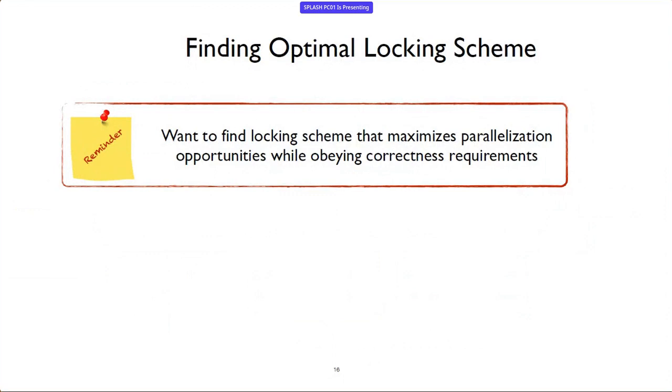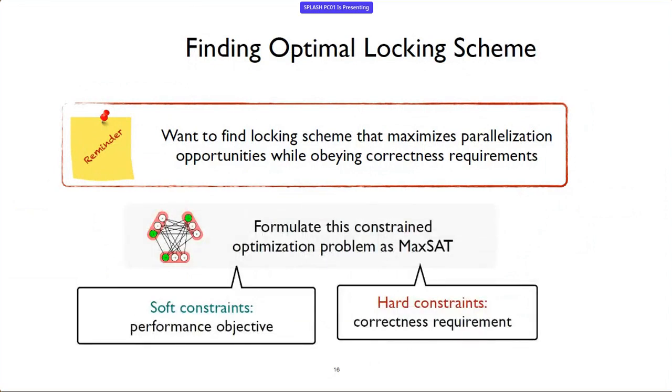So recall here that our goal is to find a locking scheme that maximizes parallelization opportunities while obeying our correctness requirements. And it's very natural to formulate this constraint optimization problem as an instance of maximum satisfiability, where you have a set of hard constraints that you absolutely have to satisfy.